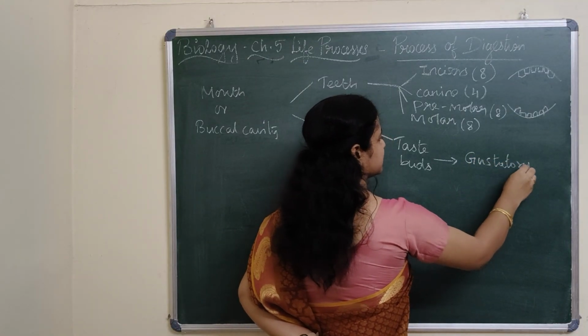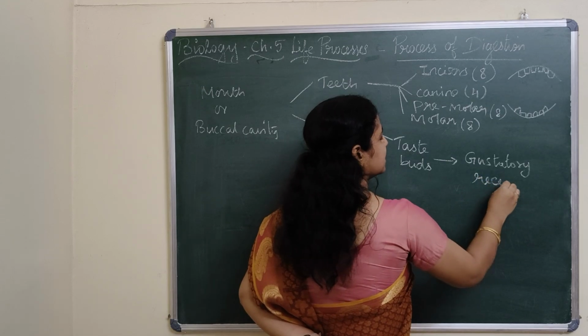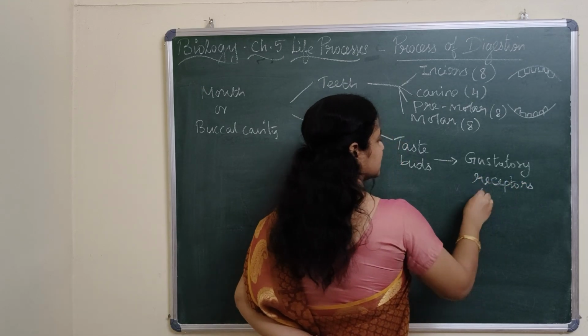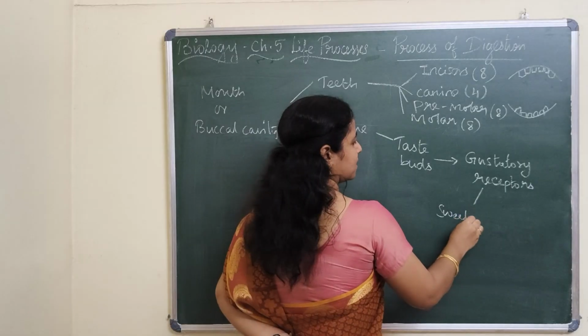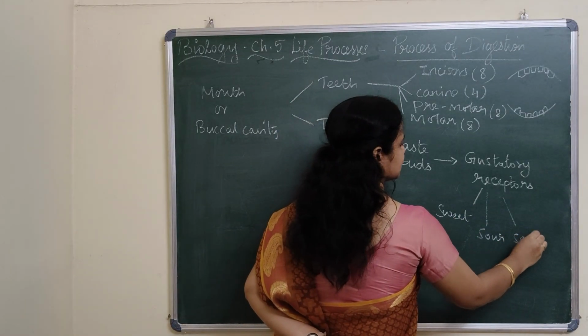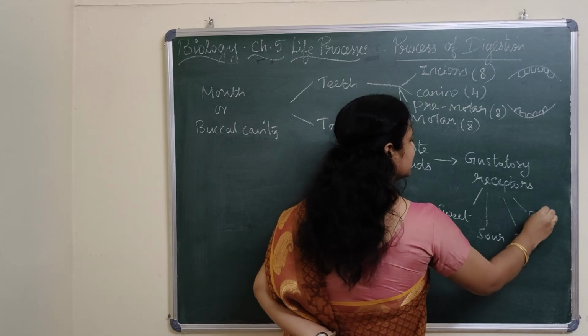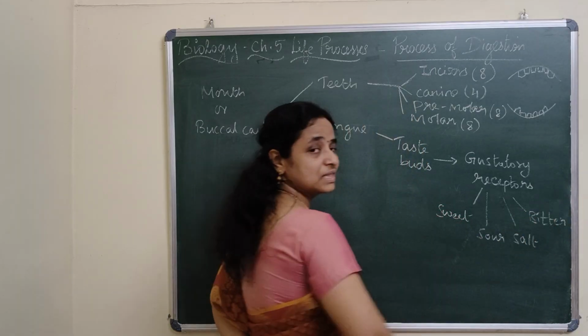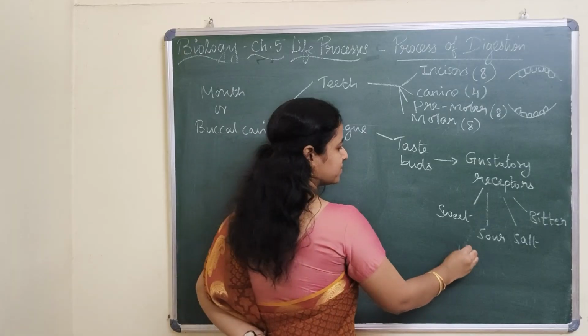These gustatory receptors help in finding different types of taste like sweet, sour, salt and bitter. We have one more taste called umami, which was found recently.